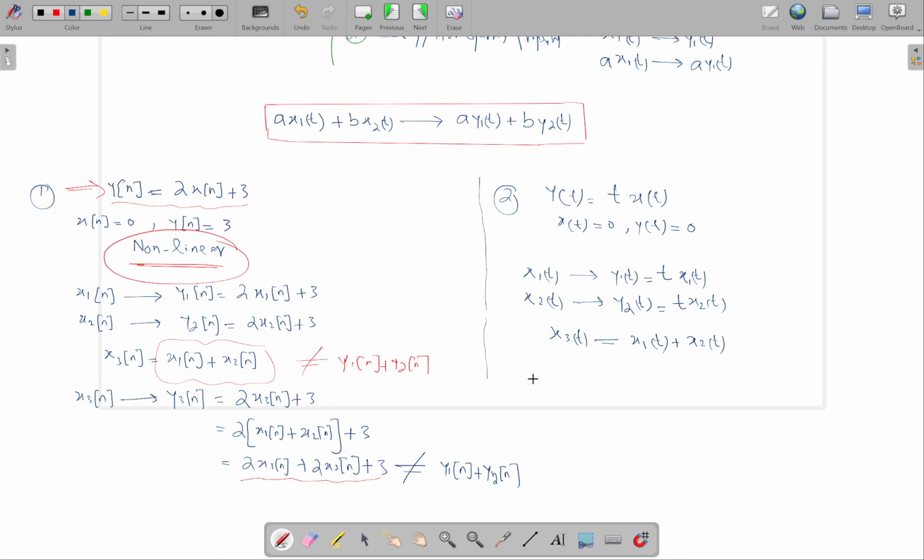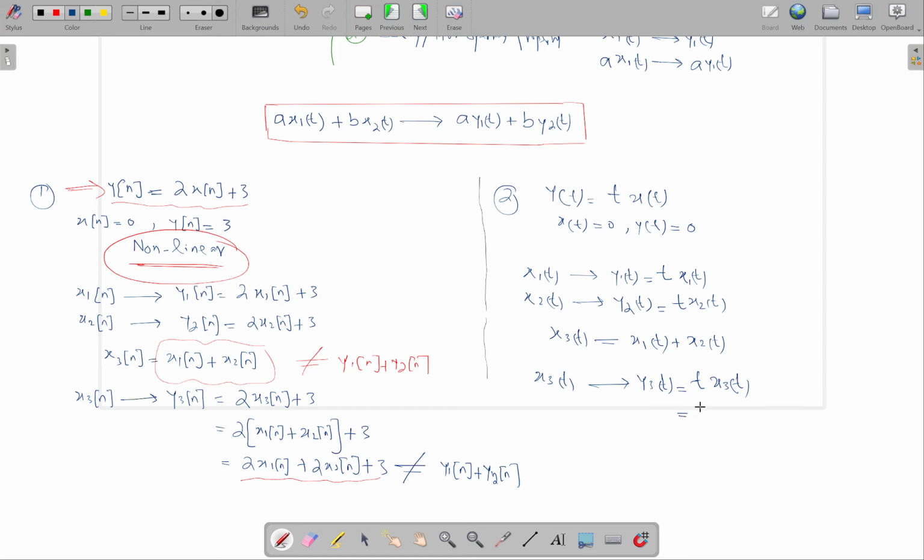Let's find out the response of the system to x3(t). So x3(t) is going to give me y3(t) as an output, which is equal to t times x3(t). Remember, this is the original system equation.